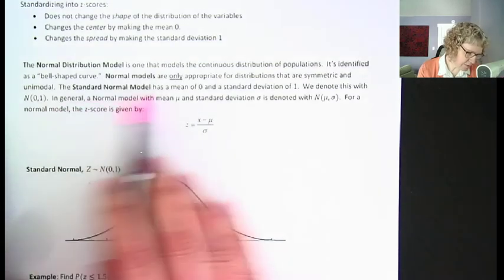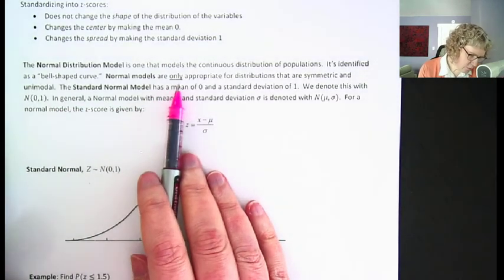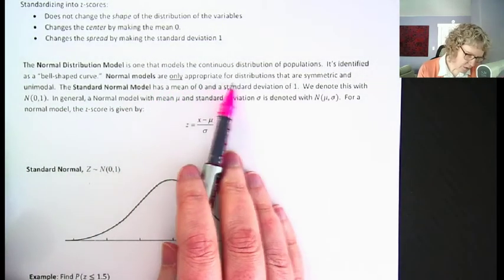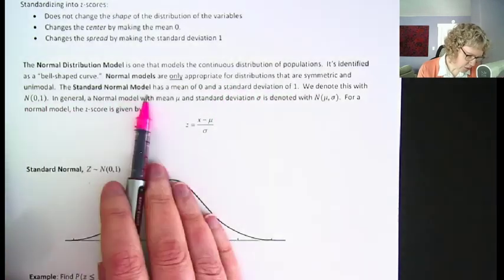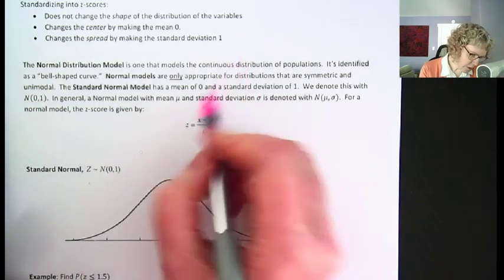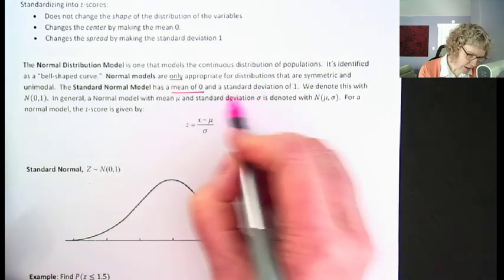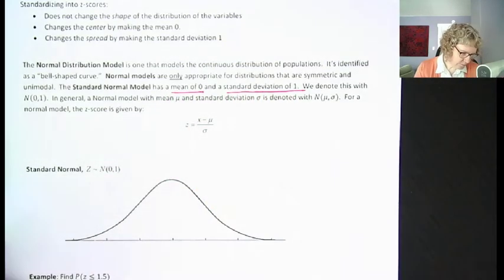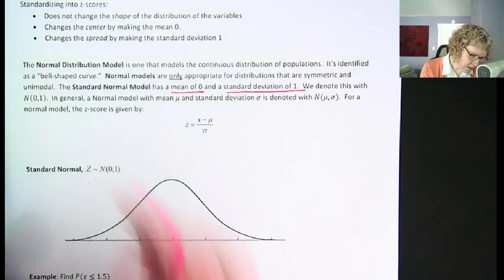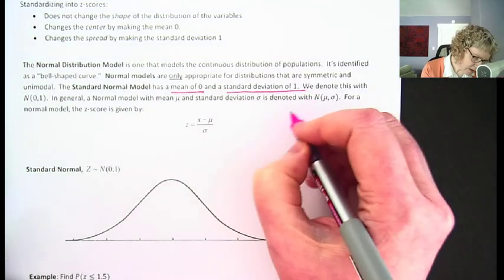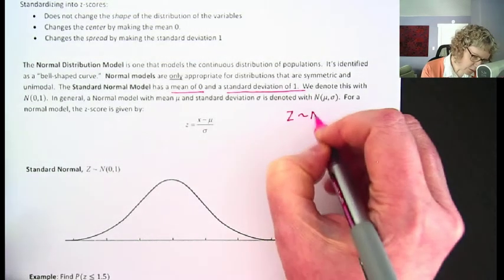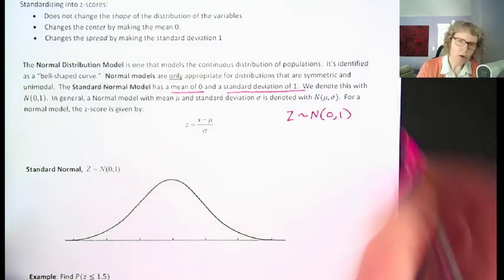Okay, I think we've already talked about a lot of this already. Normal models are only appropriate for distributions that are symmetric and unimodal. The standard normal model has a mean of 0 and standard deviation of 1. And like I wrote on the last page, we say z is distributed as normal with 0, 1.